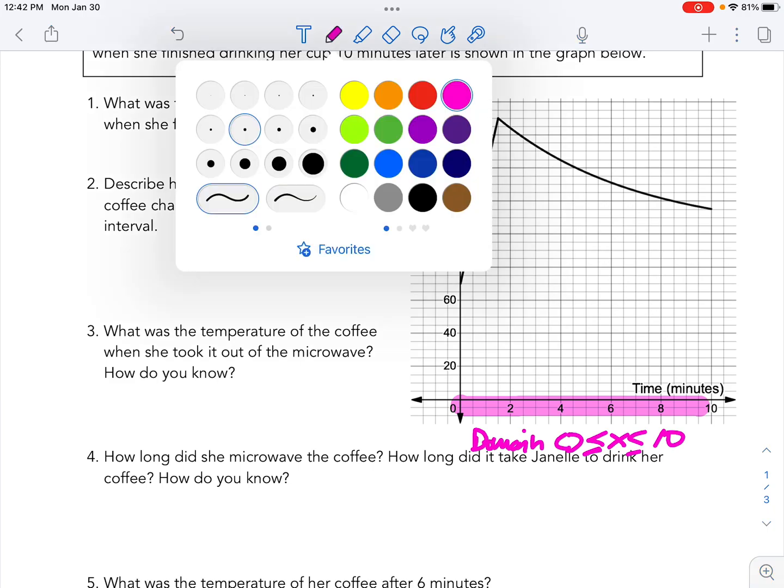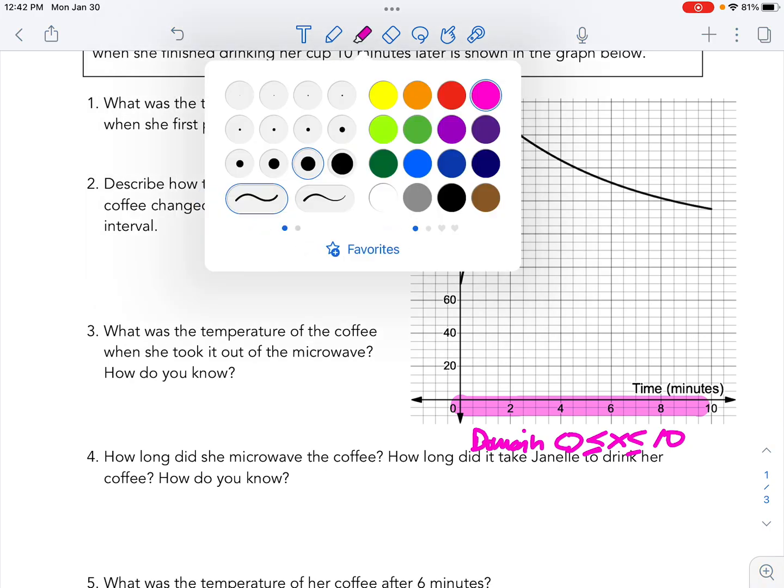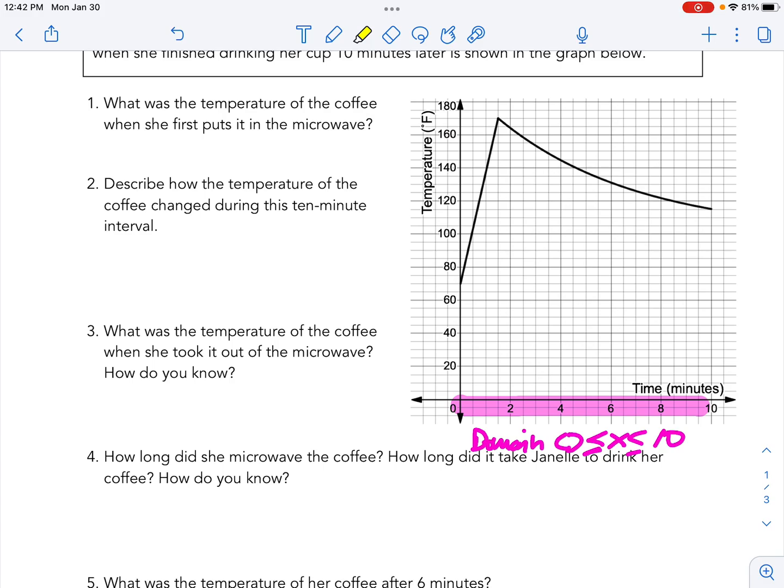Then for range, go ahead and do a little bit of highlighting on that side as well. Go ahead and use yellow. For range, I'm looking at my y values here. It looks like it's going from here all the way up to this location right there, and that's talking about my range.